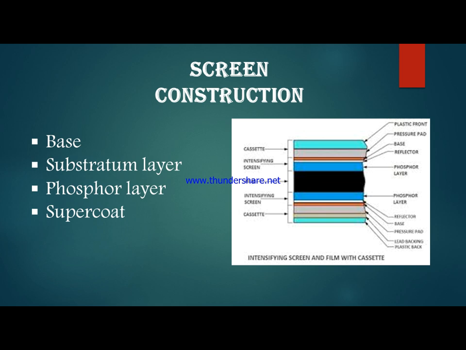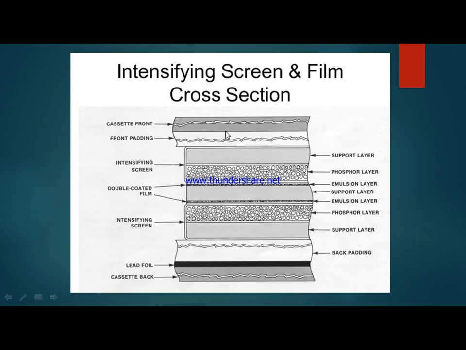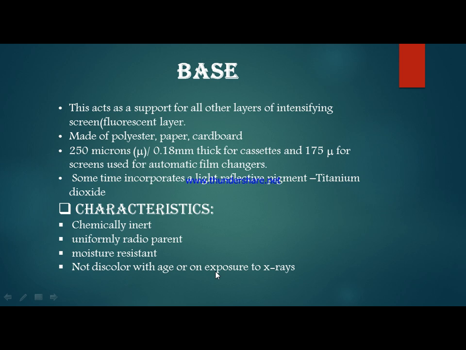Here is the construction of the screen: first a cassette front, then front padding, supporting layer, intensifying screen, phosphor layer, double coated film, the support layer, emulsion layer, phosphor layer, intensifying screen, support layer, back padding, lead foil and cassette back. These are the construction of the intensifying screen.